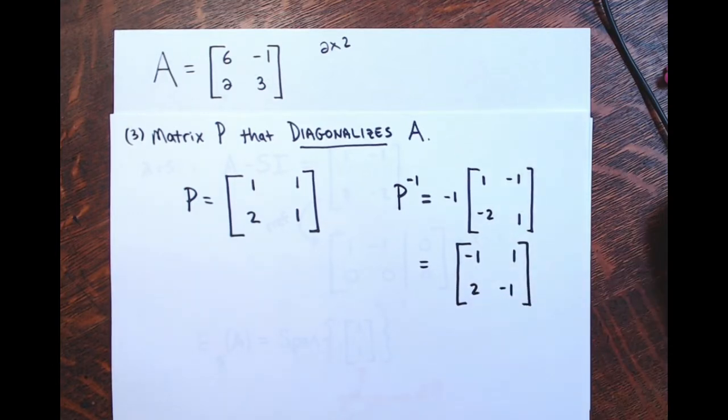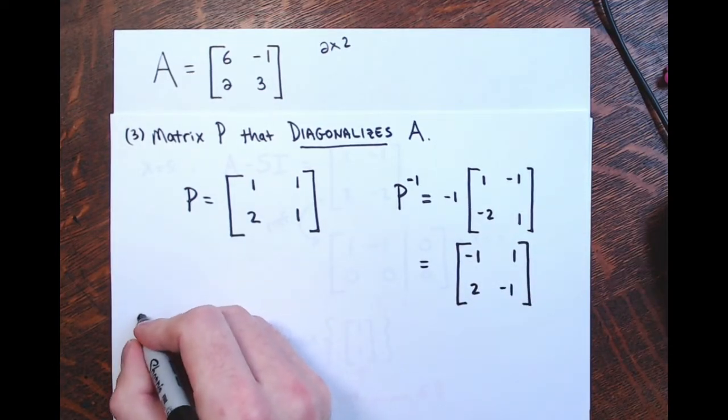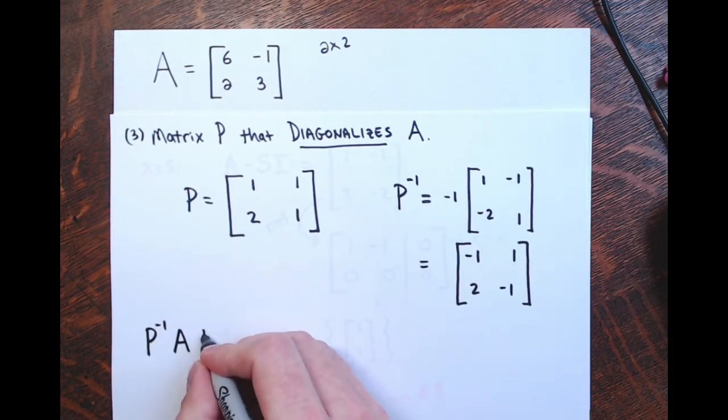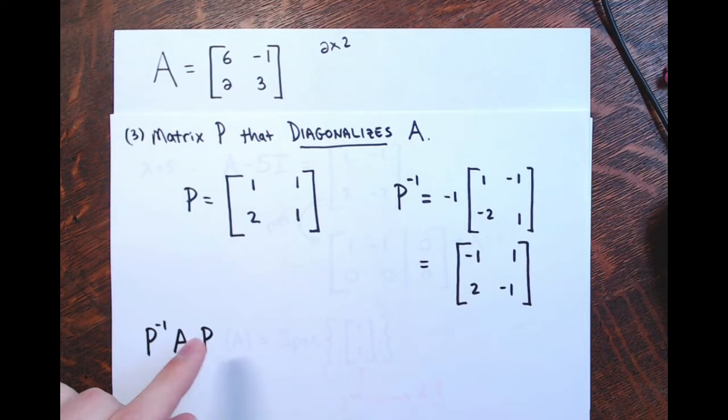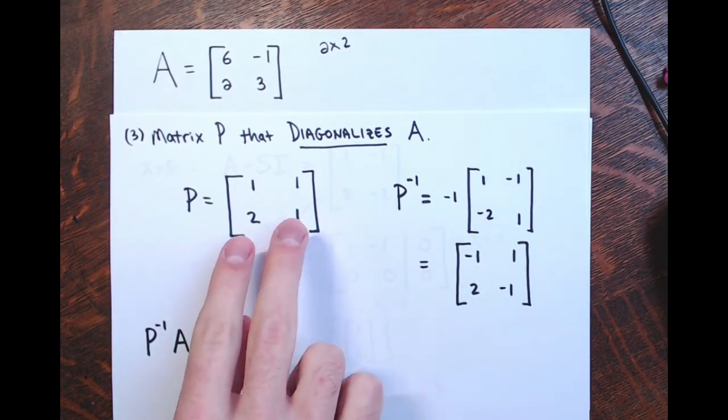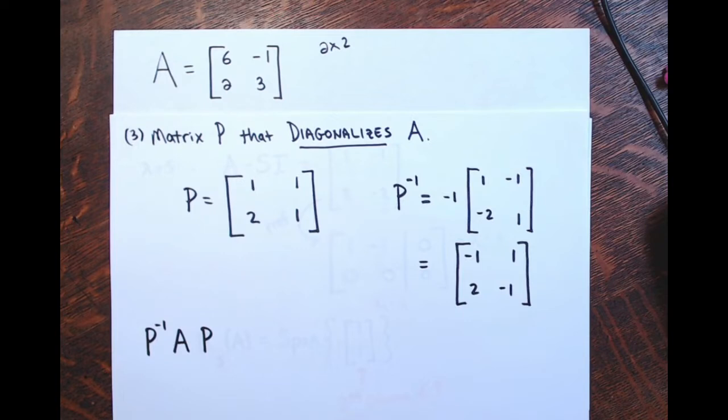Okay. And let me take P inverse times A times P to get another matrix that's similar to A. And what we're going to see, if I did this correctly and the columns of P are independent eigenvectors of A, is that this produces a diagonal matrix.